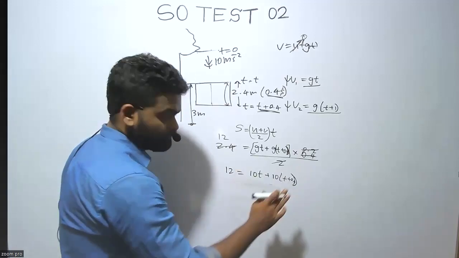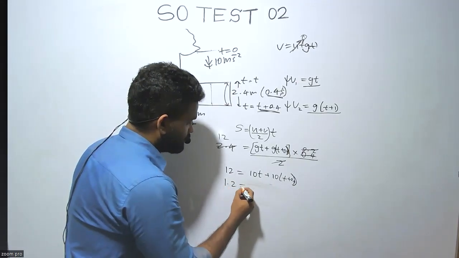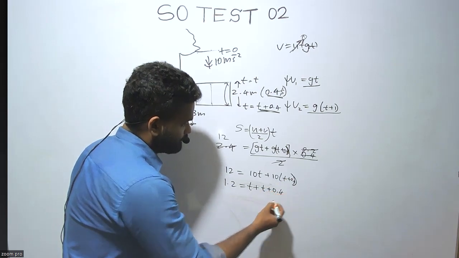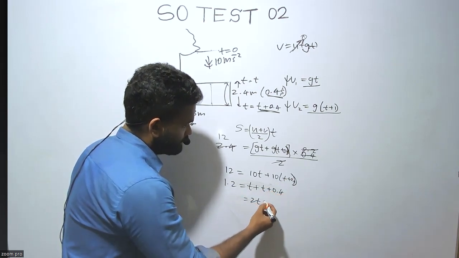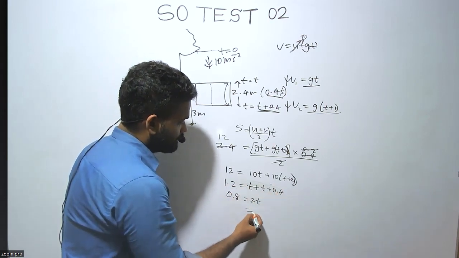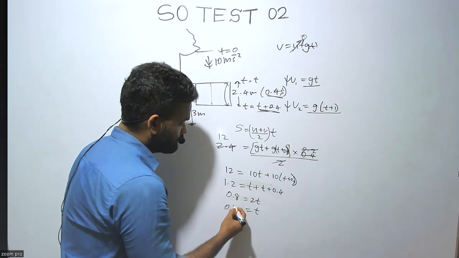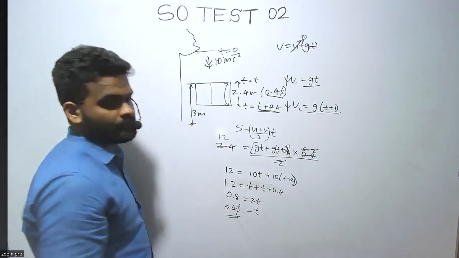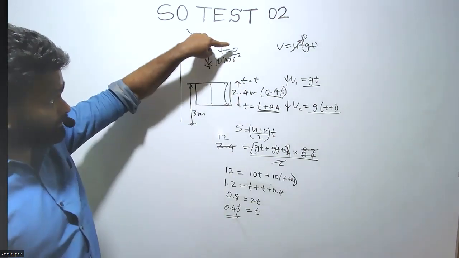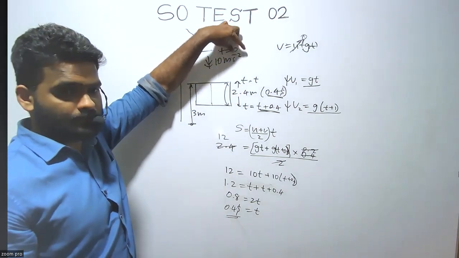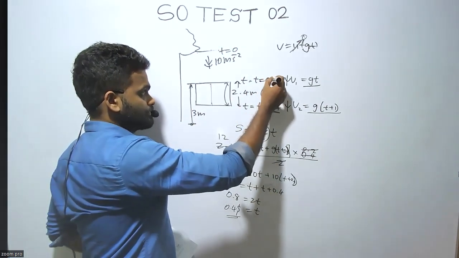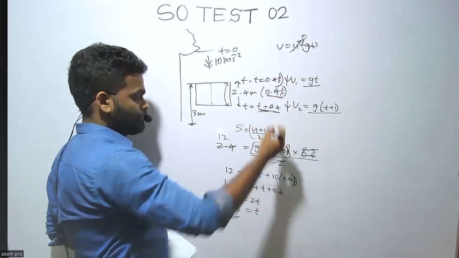Then divide the whole thing by 10, so this becomes 1.2 equals 2t plus 0.4. So 2t is 1.2 minus 0.4, that is 0.8. Divide by 2, t is 0.4 seconds. Now we found the time, 0.4 seconds. That's the time for the mango to reach from here to here.